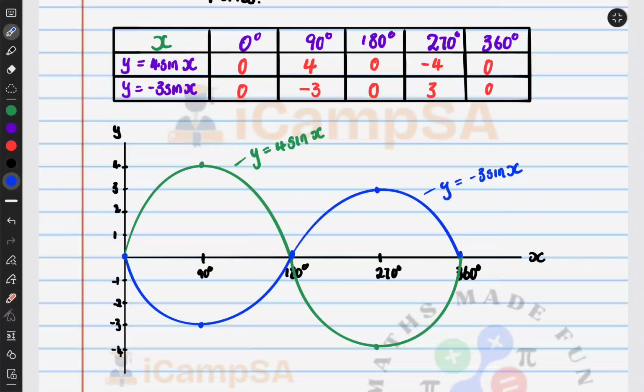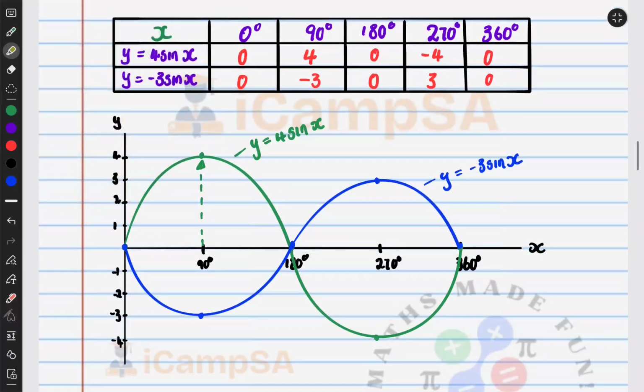And as you can see here, this function of y is equal to 4 sine x is further away. In fact, let me use it as a point. It is much further away from the x-axis, because of what? Because of the amplitude, that 4 there.